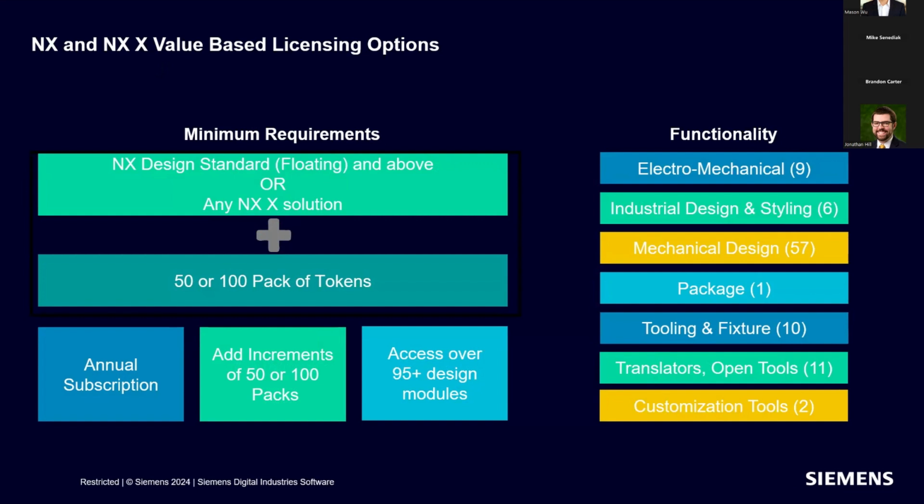The value-based licensing opens up, instead of you having to buy those individually, you can buy the value-based and it will work with all of those. There are things for electromechanical, industrial design and styling, some of the mechanical design packages. You see there's a lot of tools in there. This would give you the realized shape. So if you're working with the SaaS solution, you could buy the premium with the value-based, and then you would have the flexibility to use all those tools.